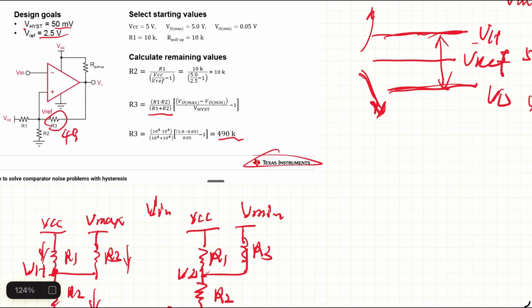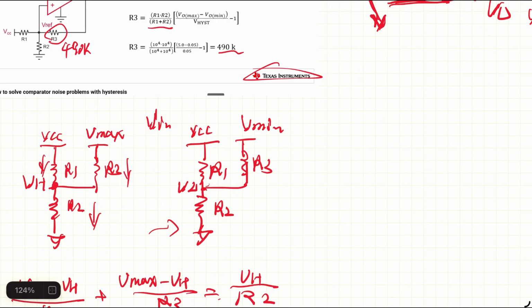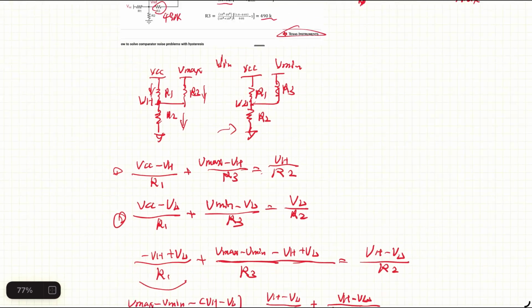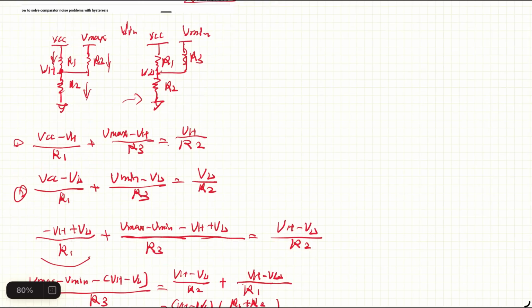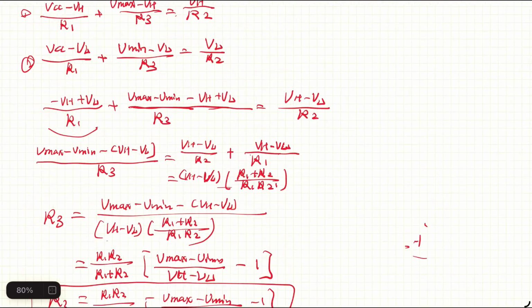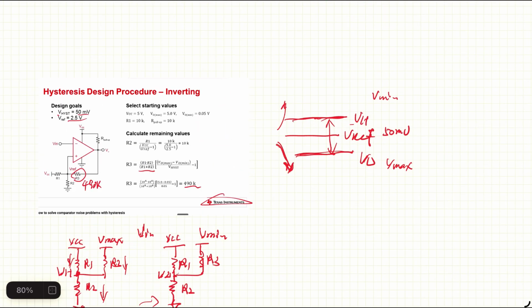That's basically all the calculations to show you how we get to here. I think the key to understanding this is when the signal has to flip states, when the signal goes from low to high, you have to cross the high threshold, and when the signal goes from high to low, you have to cross the lower threshold.